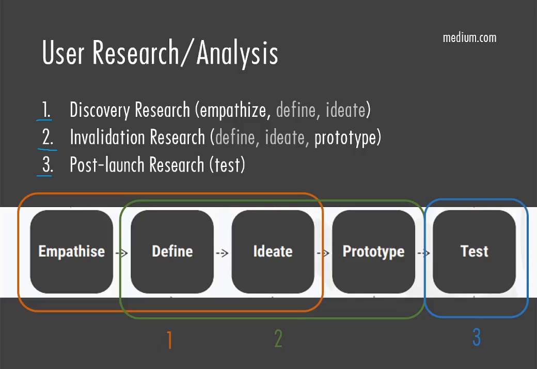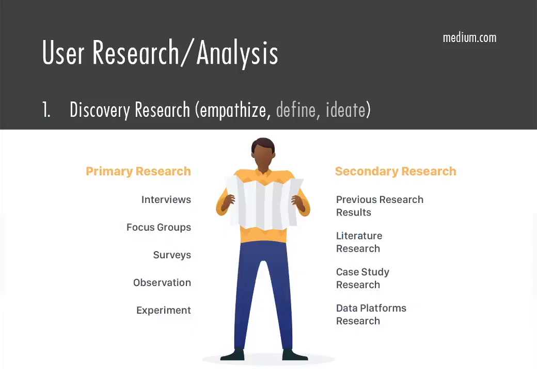Let's see each of them in more detail. There are two kinds of research in the first step of discovery research: primary and secondary. By primary research, we mean organizing our own data collection and processing it by ourselves. You have conversations with humans.